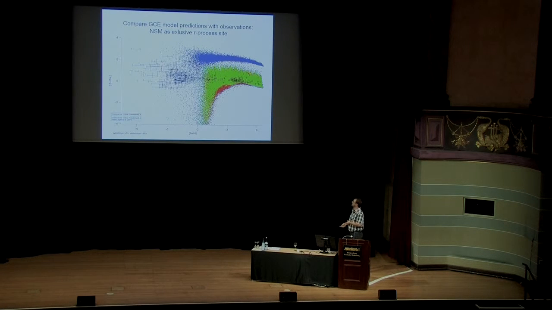When we now set up a simulation environment that uses neutron star mergers only as R process sites, the different colors represent different simulations. So we can represent the high metallicity and reproduce the solar or close to solar europium abundances.